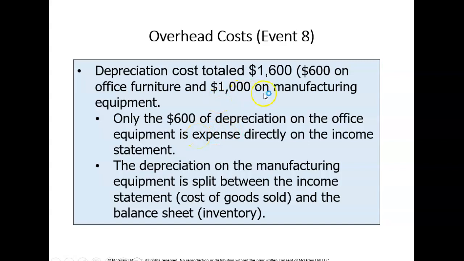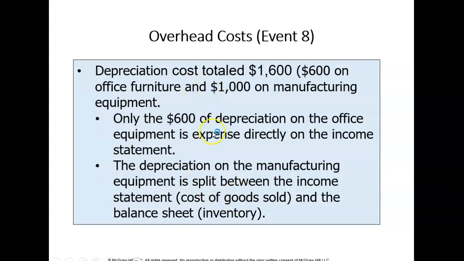But the depreciation on the manufacturing equipment, this would be part of our overhead costs. That 1,000 will first go into the inventory account to increase your product cost. And then once the item is sold, it will be shown as cost of goods sold on the income statement.